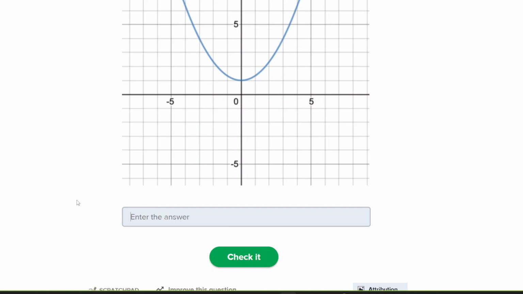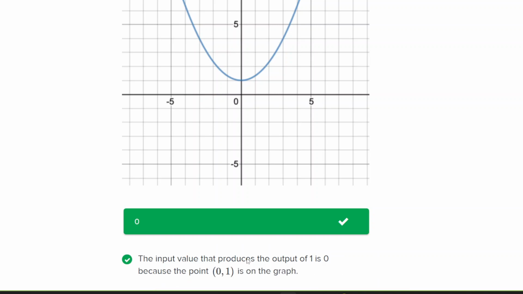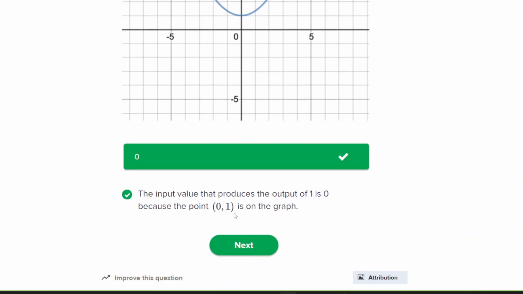When the output is 1 for this function, the input must be 0, or the x-coordinate, the x value underneath that point. And then they would say, input 0, output 1. 0, 1 would be the ordered pair representing that point here. My cursor is floating around now at the top of the screen.